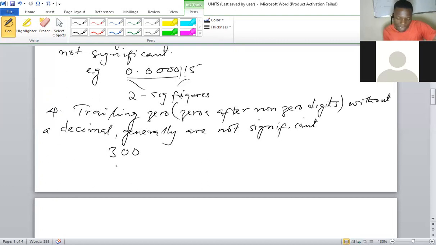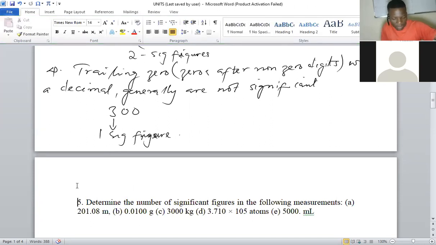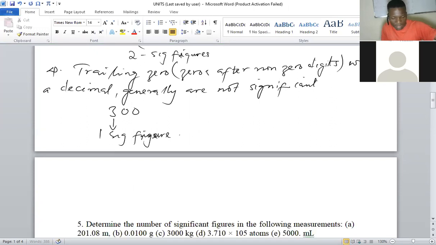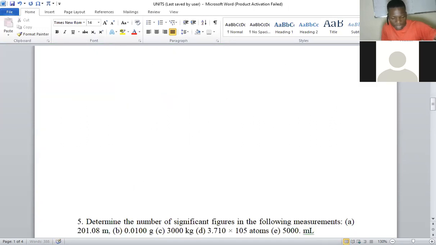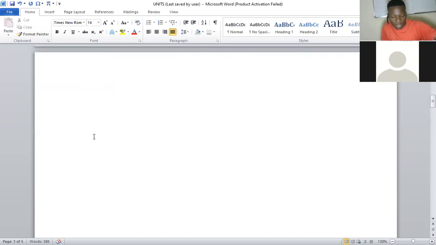So what we have here is one significant figure. The only digit that is significant here is just the 3. Otherwise, these other ones are not significant.